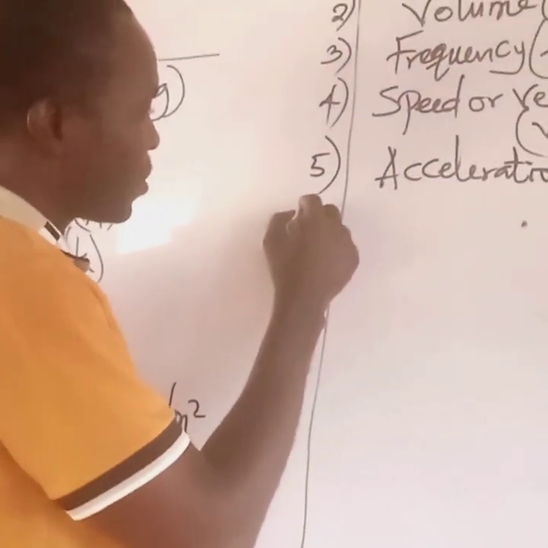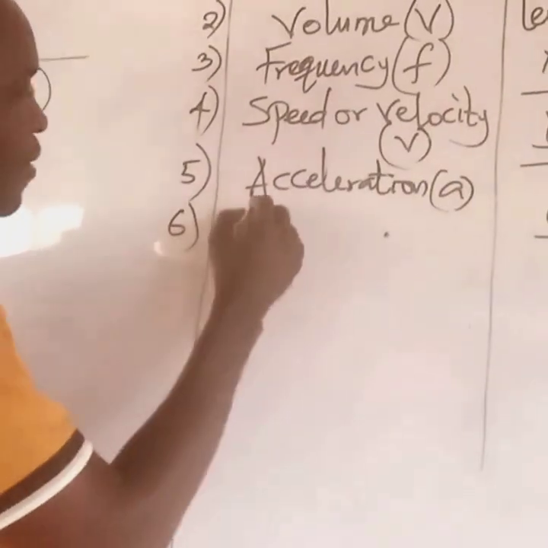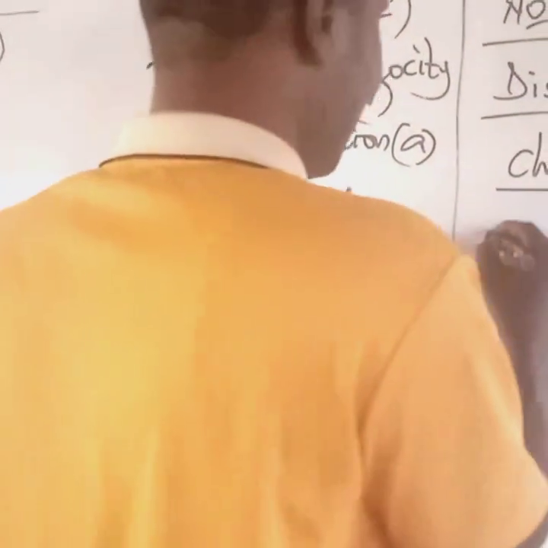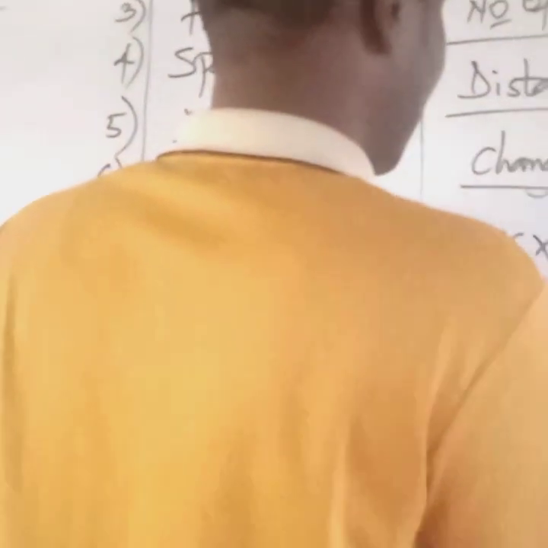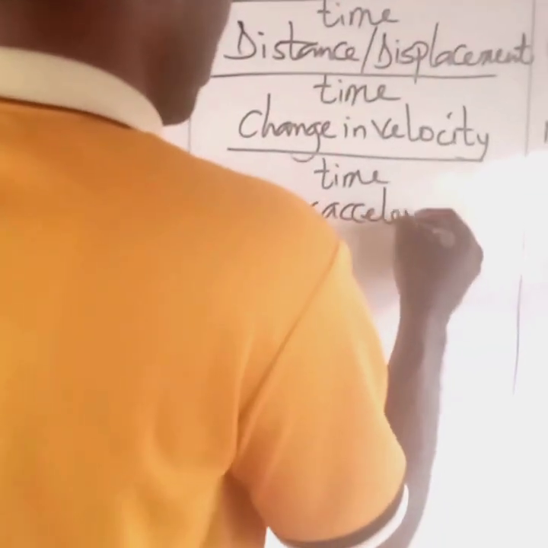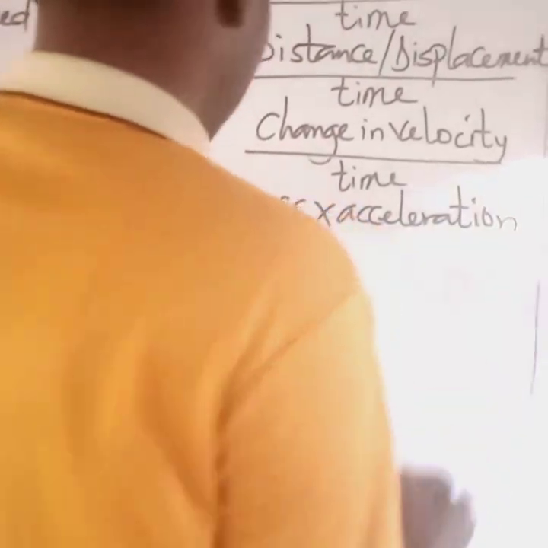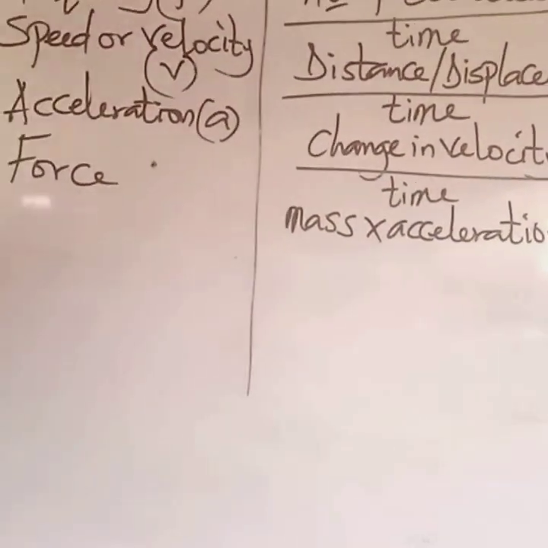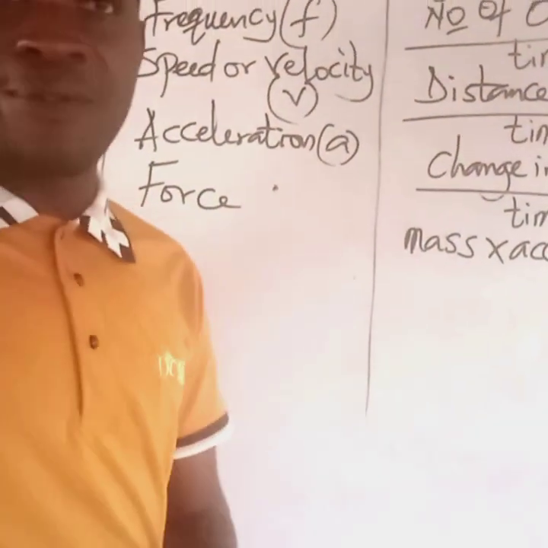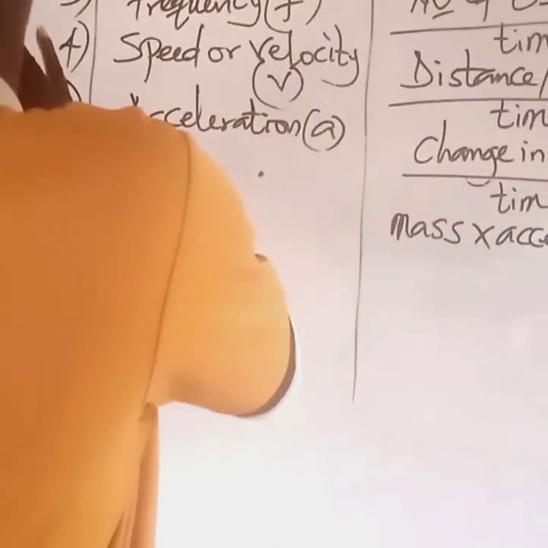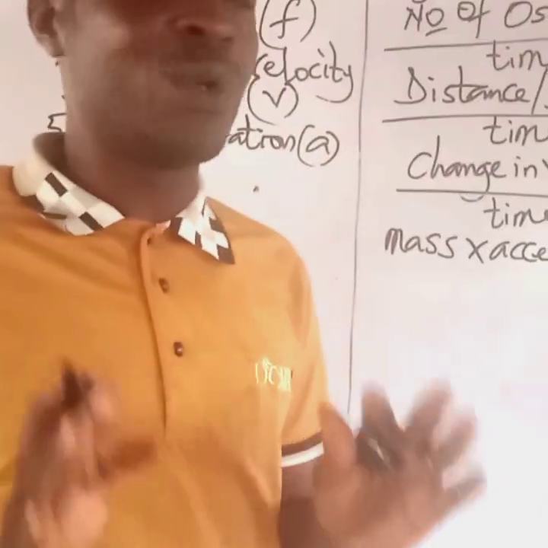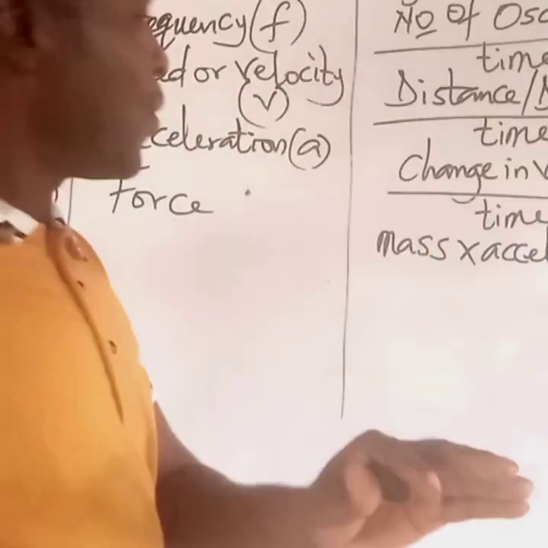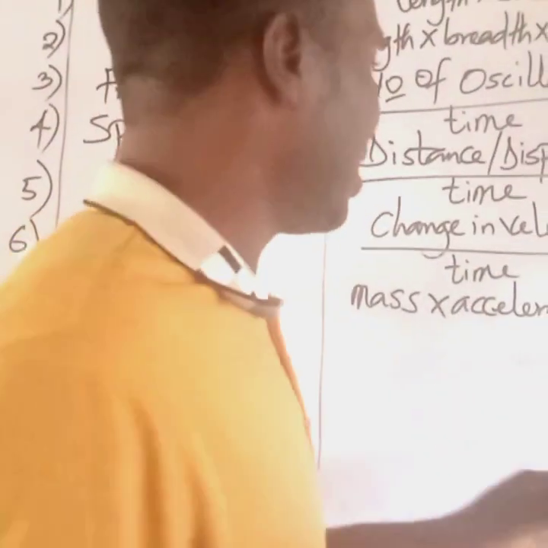Now we can go to force. Force, number 6. The derivation for force is mass times acceleration. This is taken from Newton's second law of motion, but I'm not going there for the purpose of this introduction.